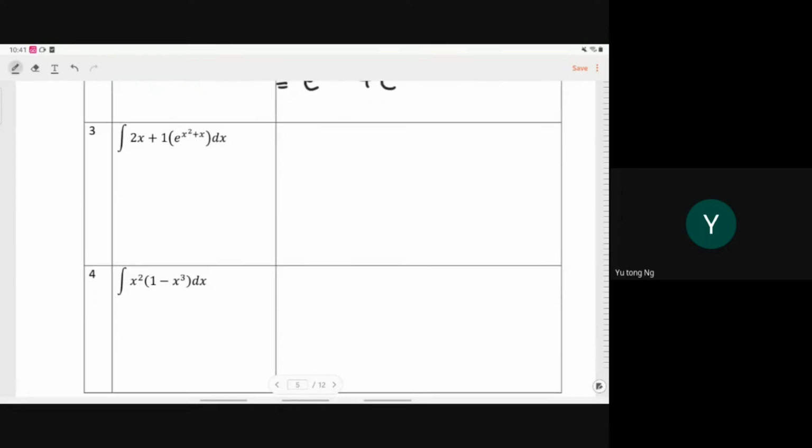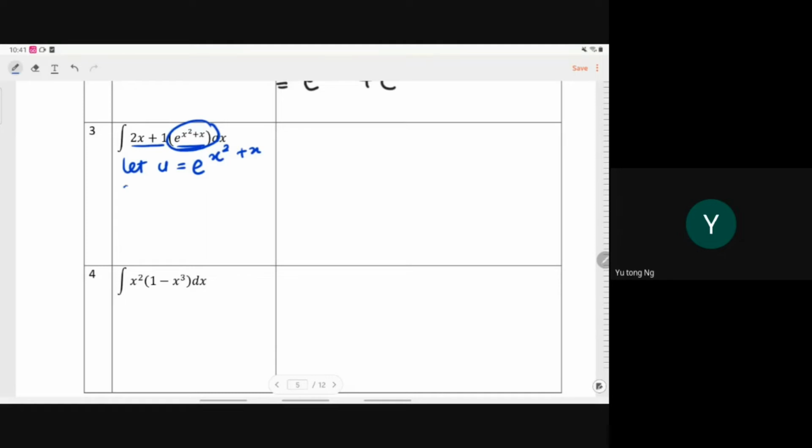So here we have 2x plus 1 with x squared plus x. I believe this 2x plus 1 actually comes from this. So let u equals x squared plus x.